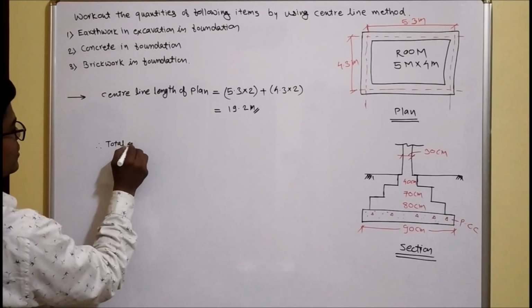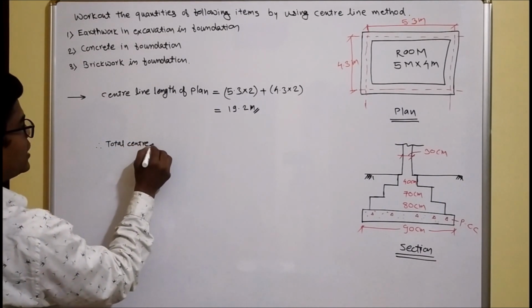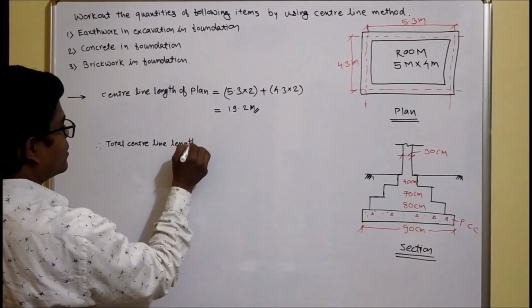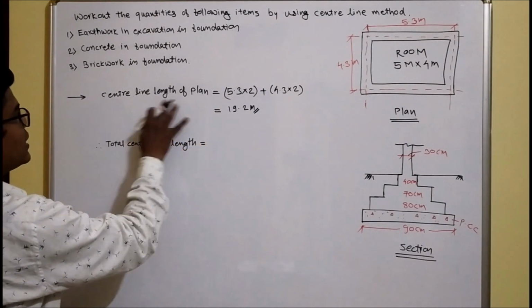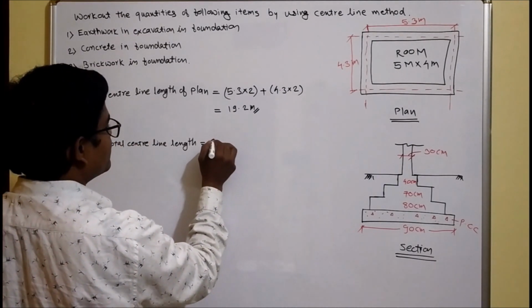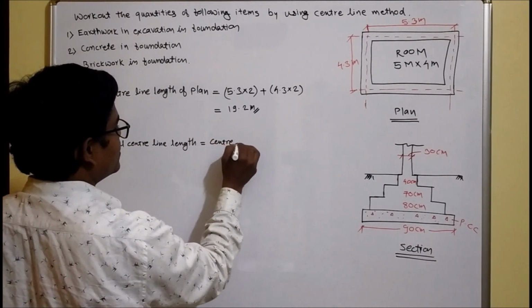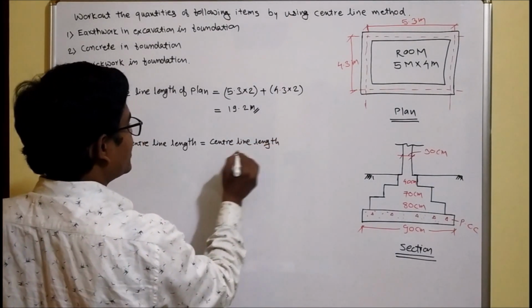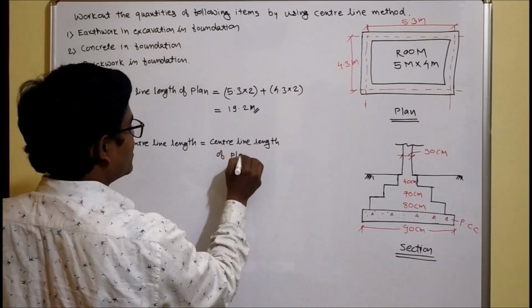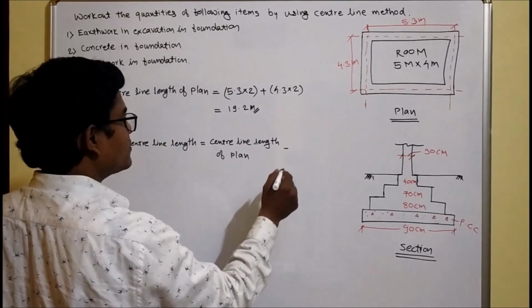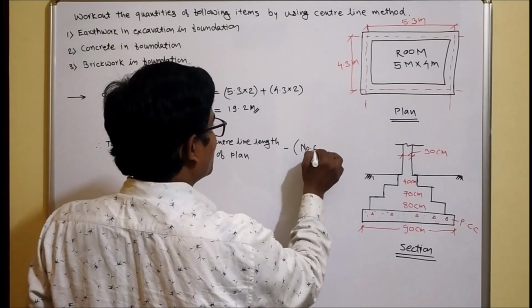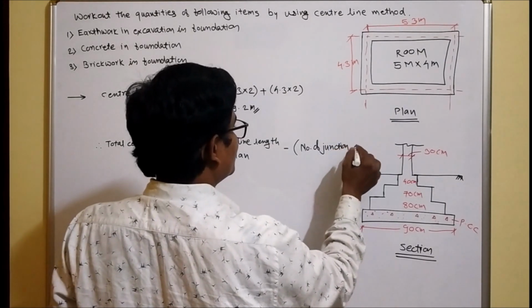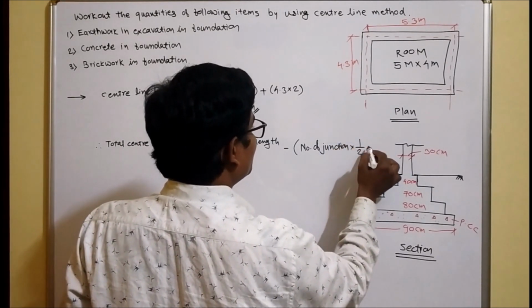that is total center line length is equal to center line length of plan minus number of junction into half into width.